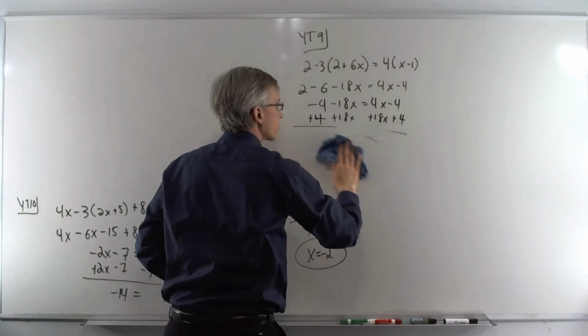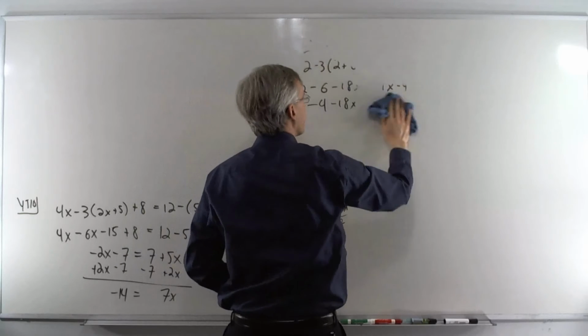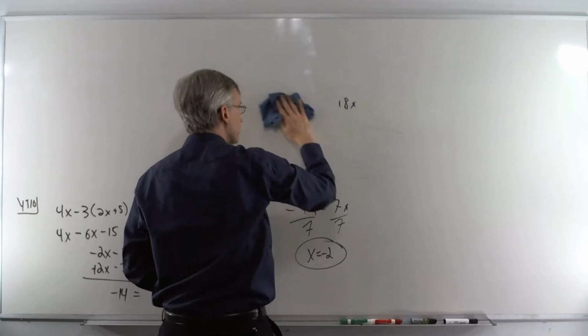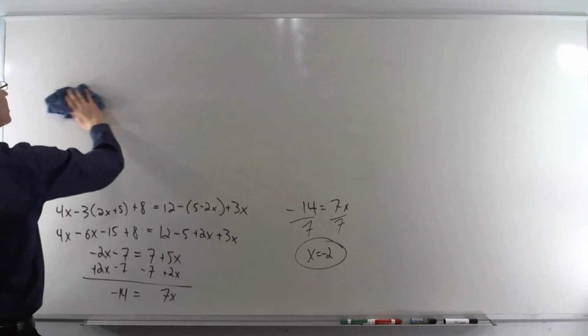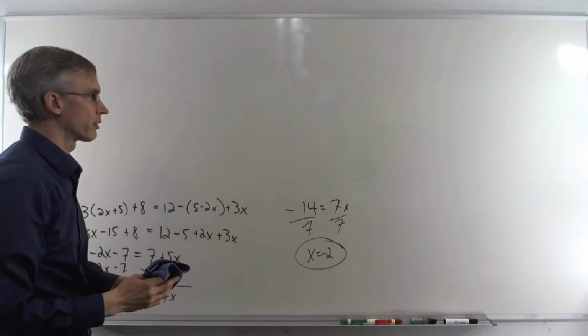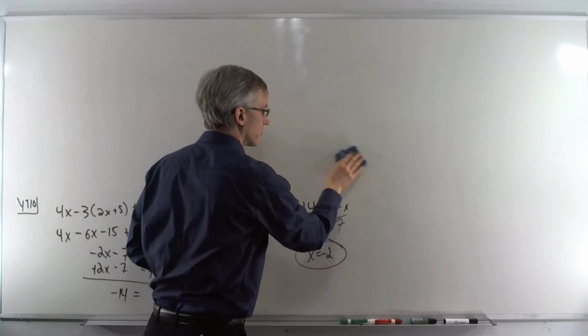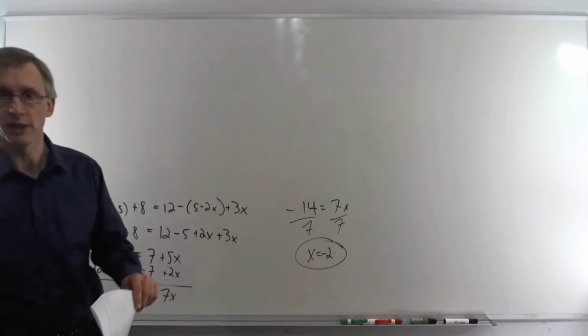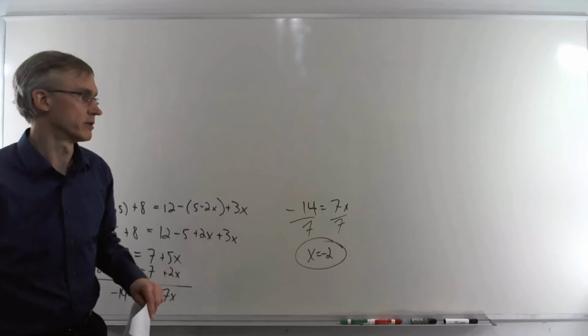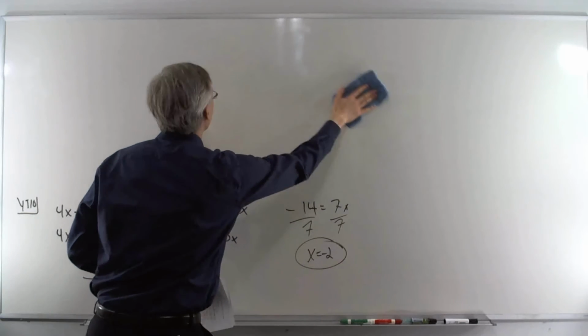Now we're going to wrap up our study of equations with parentheses by looking at nested parentheses. Now we saw these with expressions, and we were working with expressions, simplifying them. We started with the inner parentheses and worked outward. So that's what we're going to do with equations as well.